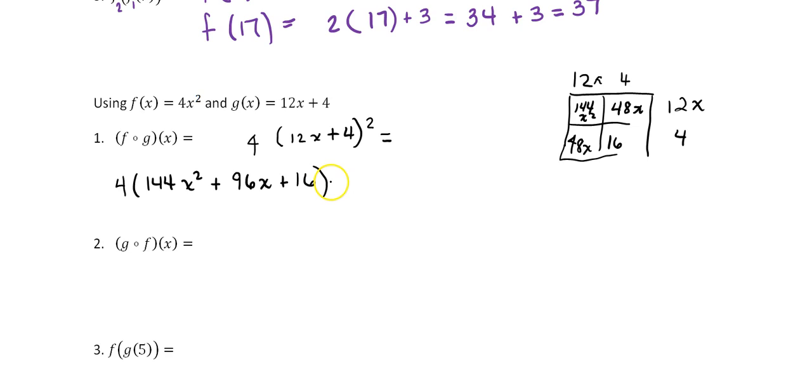The other thing you could do would be factor out all the 4's. Alright, so you would have a 4 multiplying a 4 times 3x plus 1, and then that's going to multiply a 4 times a 3x plus 1.